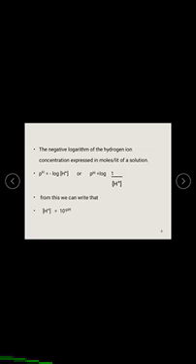Mathematically, pH equals minus log H plus ion concentration, or pH equals log 1 by H plus ion concentration. From this, applying the anti-logarithm to both sides, H plus ion concentration equals 10 to the power of minus pH.